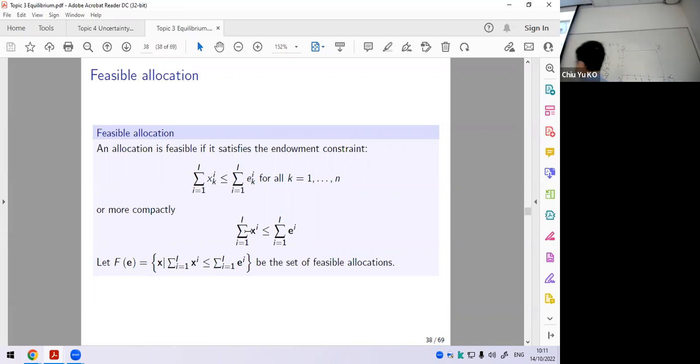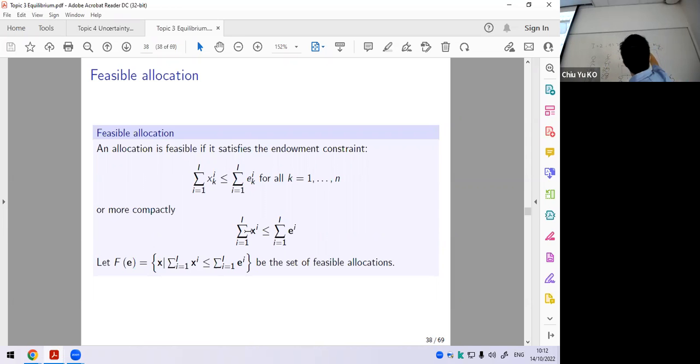So how can we represent the initial endowment in this Edgeworth box? The guy has 1 apple and 2 bananas, and the girl has 2 apples and 1 banana. So this point is the point. And this also looks at the girl's perspective, which is 0, 1, 2, 3, 4, 5.